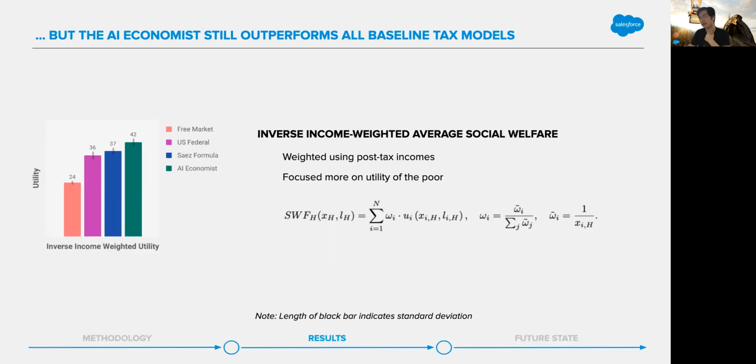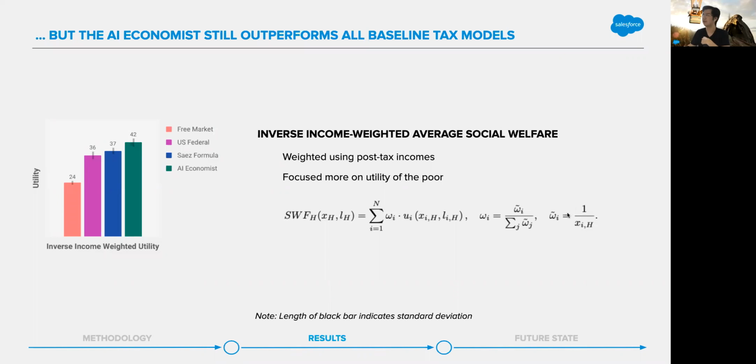So here's another metric that we looked at to do more analysis. We also looked at an objective called inverse income weighted average social welfare, where we took the objective that the SAS model used and used weights that are the inverse incomes of agents. What that means is that this social welfare function will weight the poor people more, right?